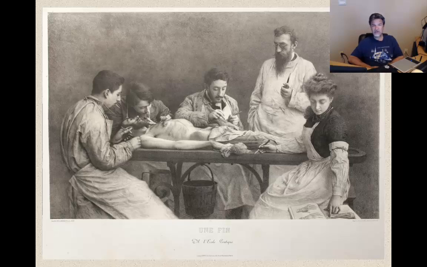So anatomy we can do on dead things, but physiology, absolutely not. Physiology, we're looking at living organisms. We're looking at living cells and tissues and at their processes and functions. The major subset of physiology is pathophysiology. This is an incredibly important area and helps us to actually discern quite a bit about the normal physiology associated with organs and organisms.